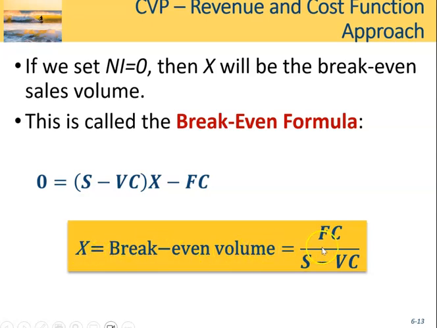And the way we do that is, in the end, we will have fixed cost as our numerator divided by selling price per unit minus variable cost per unit. So if we take our total fixed costs and divide that by the difference of your selling price minus your variable cost per unit, then we will figure out how many units we have to sell in order to break even.